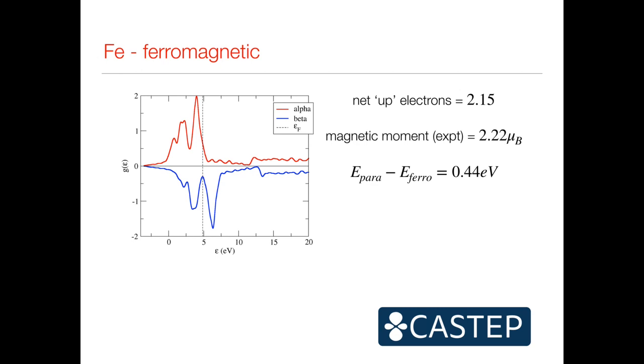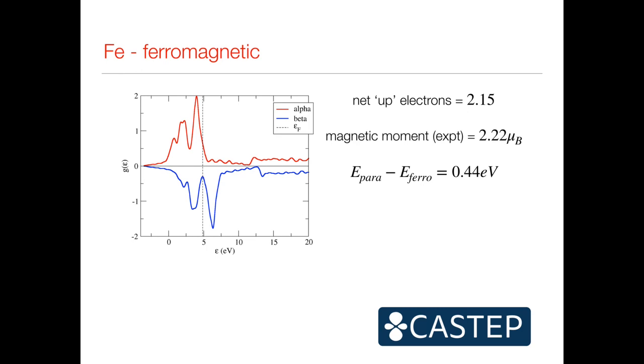Because these are itinerant electrons, they're distributed, we don't have to have an integer number of electrons corresponding to the magnetic moment. That's quite interesting, and some of the formulas that we have, for example for domain boundaries, all still work out. We just have to put in non-integer numbers of electrons.